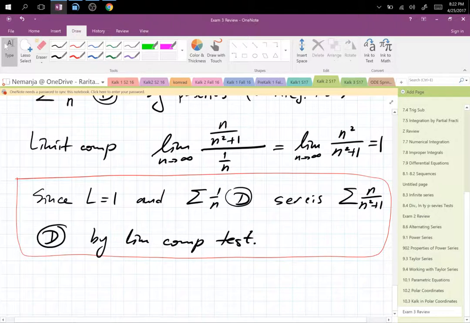You should also know how to convert from numbers into the formula, because that could be something cool. You have a sequence of numbers and you convert that into a formula. And for power series, either the derivative or the integral.